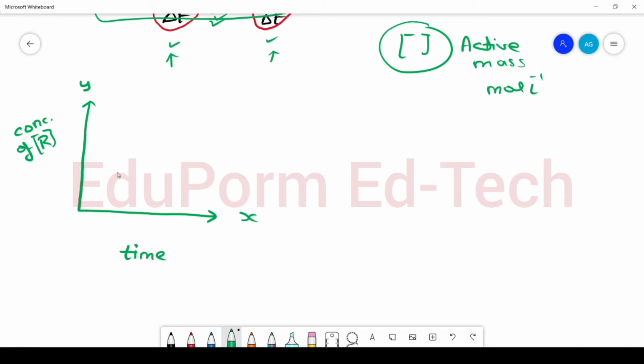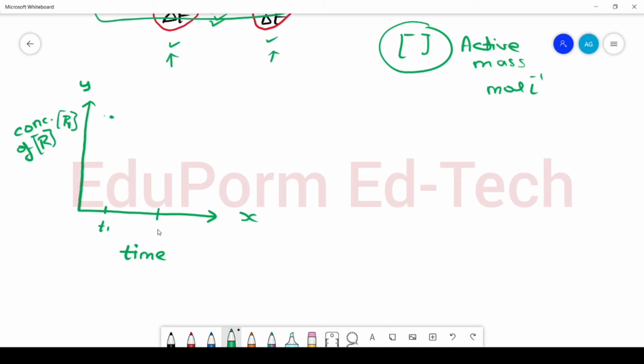So let's say the time was T1, and at time T1 the concentration of reactant was R1.